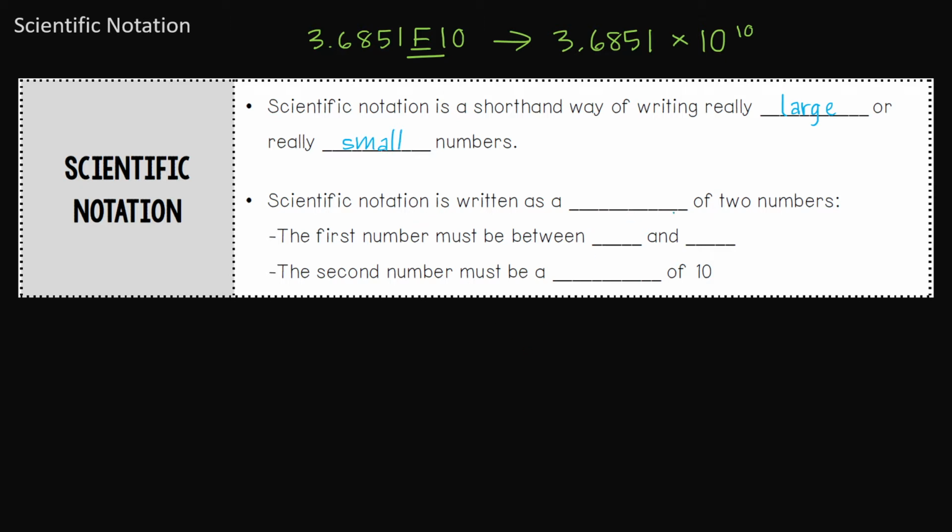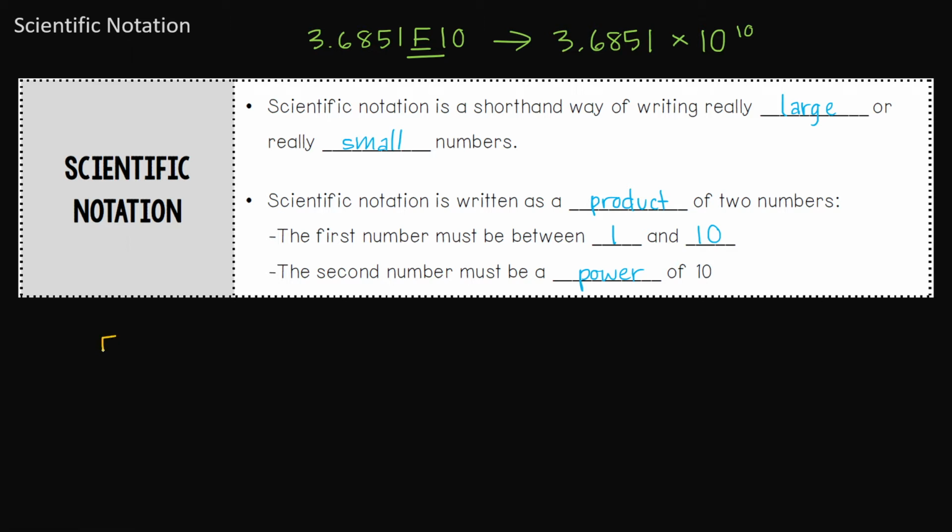So scientific notation is written as a product of two numbers. The first number must be between 1 and 10. It can't be any bigger. The second number must be a power of 10, or an exponent of 10. So let me give you an example.